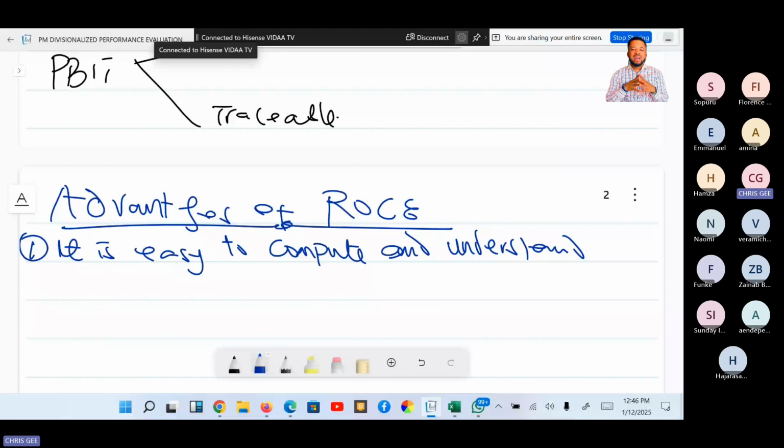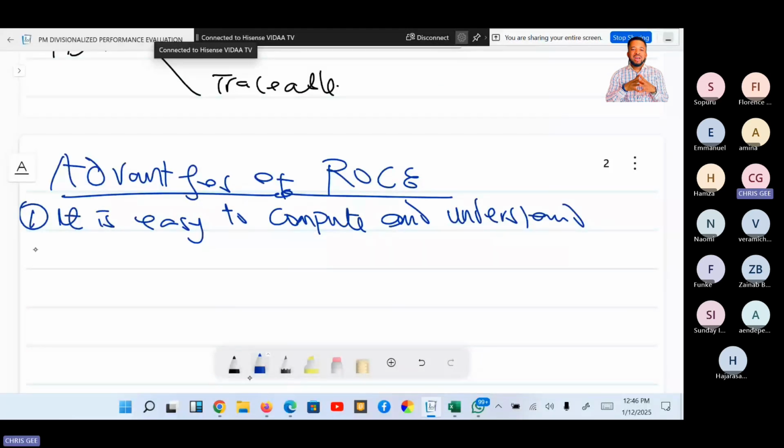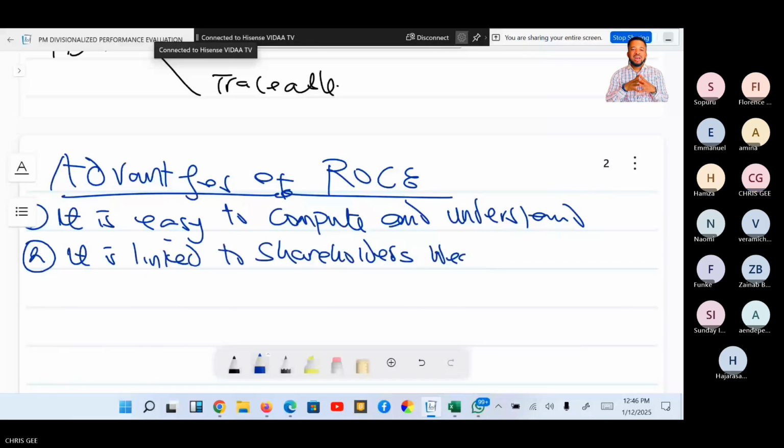Number two, it is linked to shareholders' wealth, because it uses profit figure.